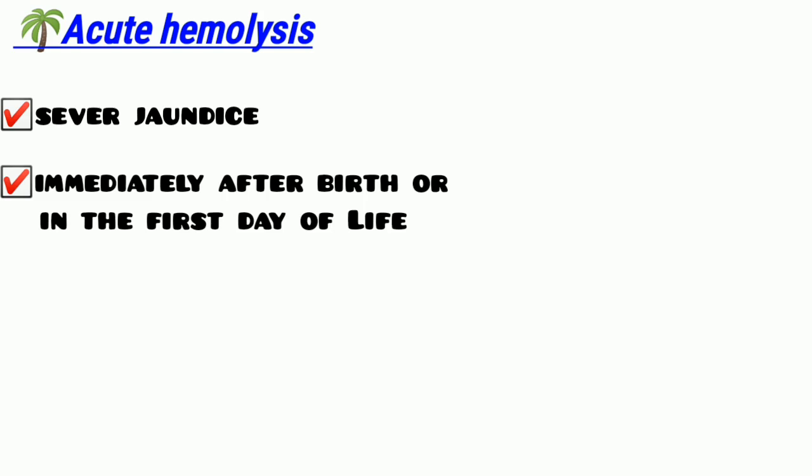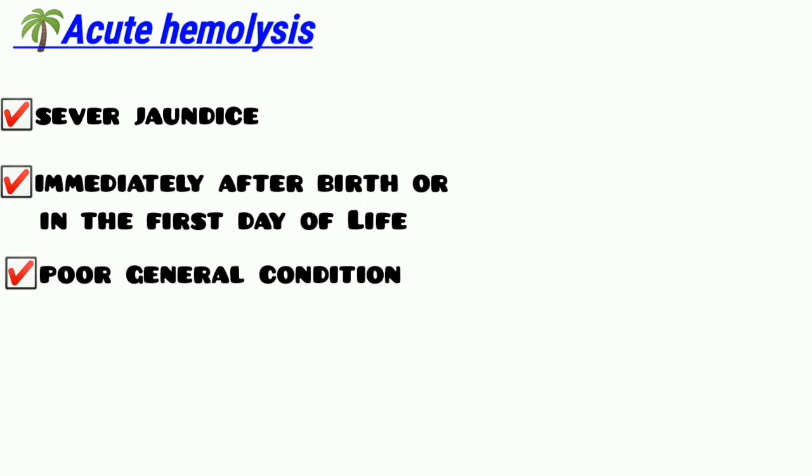In acute hemolysis, the general condition of the newborn is poor, with poor suckling power and poor activity, and the jaundice is severe, associated with severe anemia. Hemoglobin level may reach below 6 grams per deciliter.